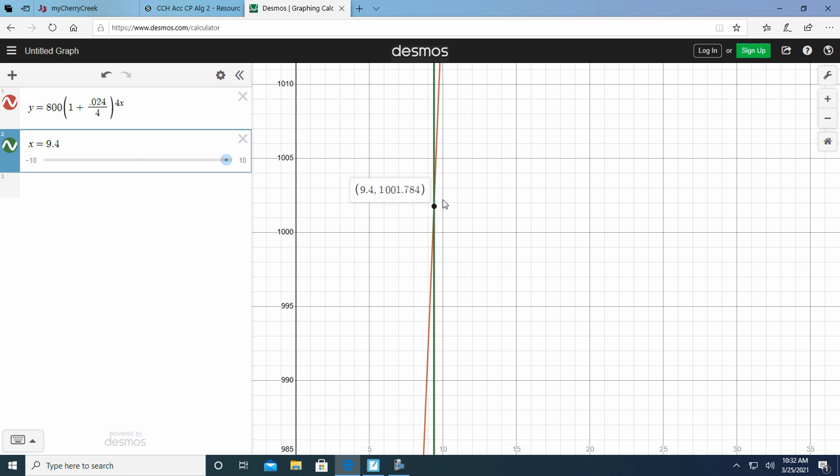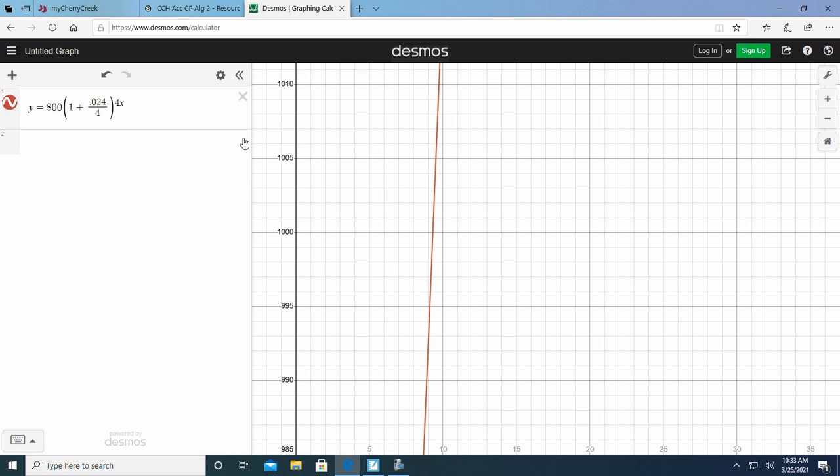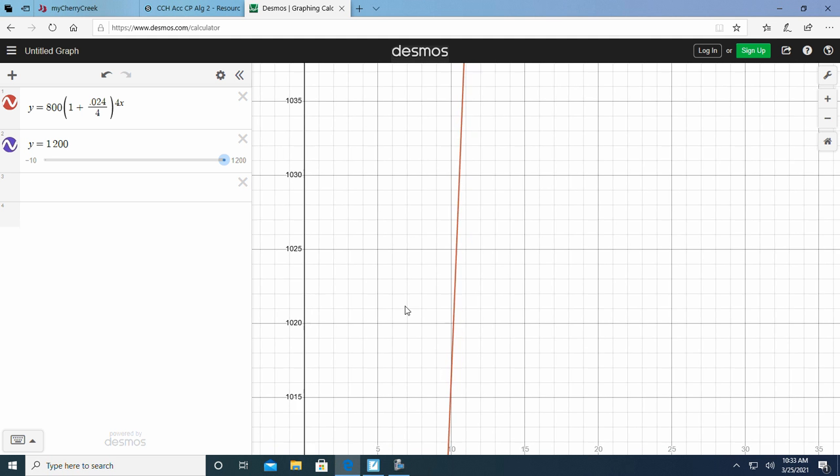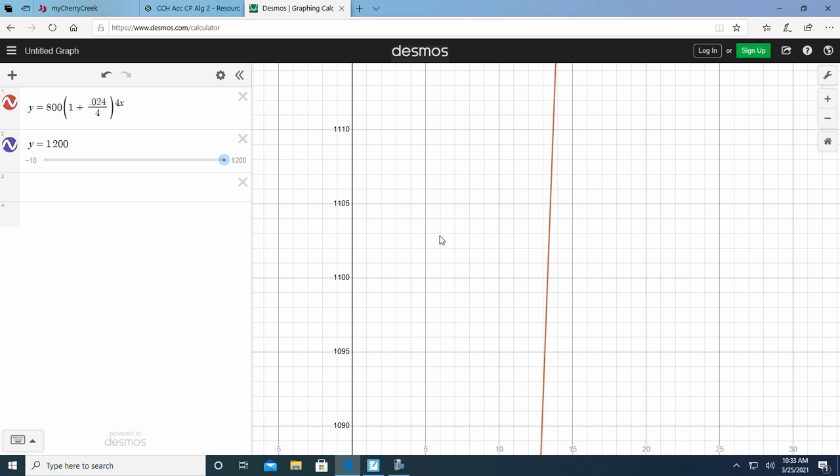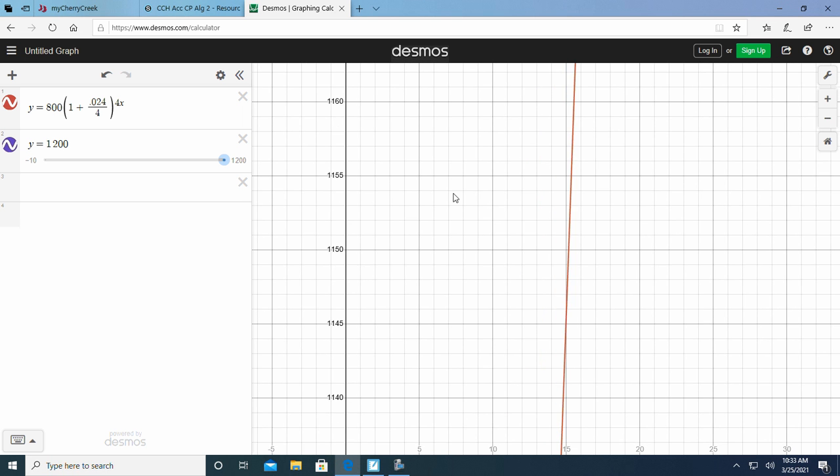Okay, so your money is compounding on top of itself. The last one says, hey, when are we going to have $1,200 in this account? So I'm going to get rid of the X. The 1,200 is a Y value, so I'm going to make a horizontal line at 1,200. It's not going to show up yet because I just need to adjust this. I'm at 1075, 1078, 1100, almost there.